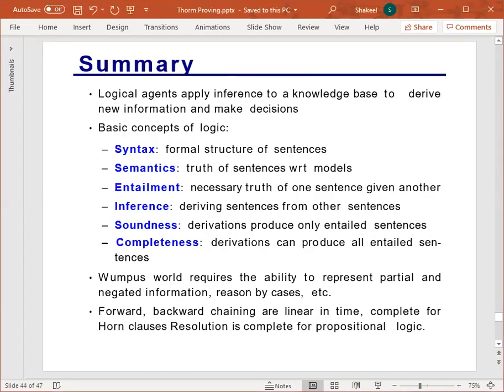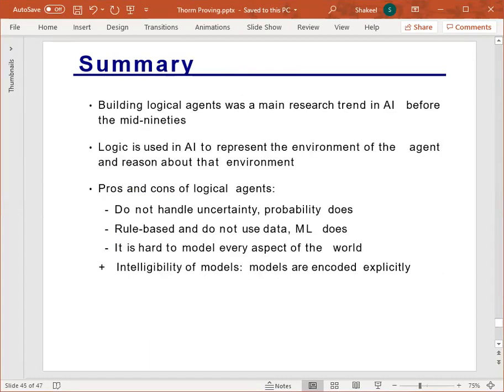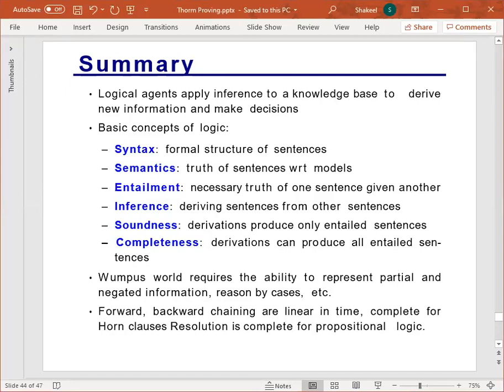To summarize, logical agents apply inference to a knowledge base to derive new information and make decisions. The basic concepts of logic include syntax, the formal structure of sentences; semantics, the truth of the sentences; entailment, the necessary truth of one sentence given another one; and inference, deriving sentences from other sentences.